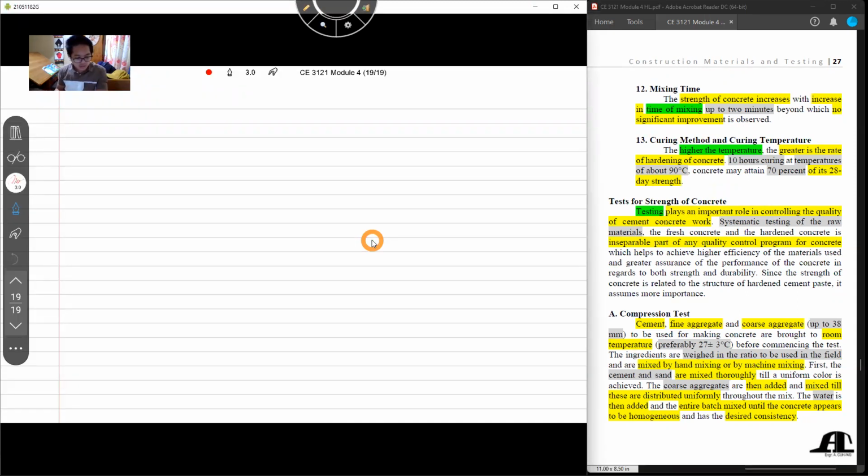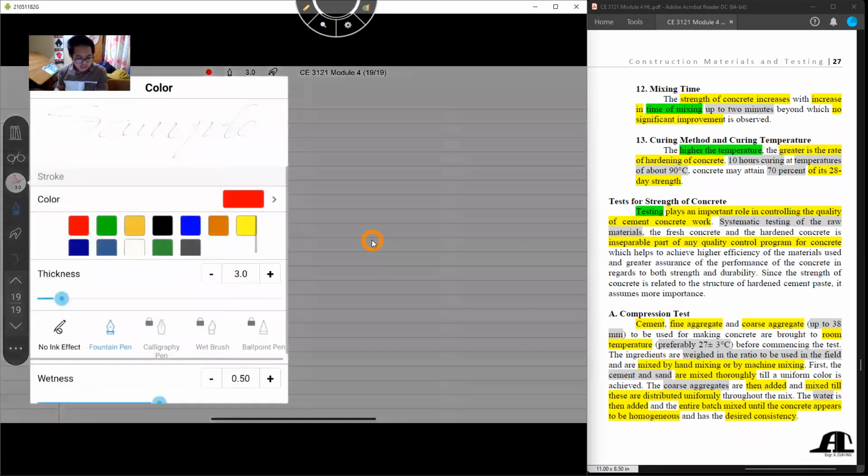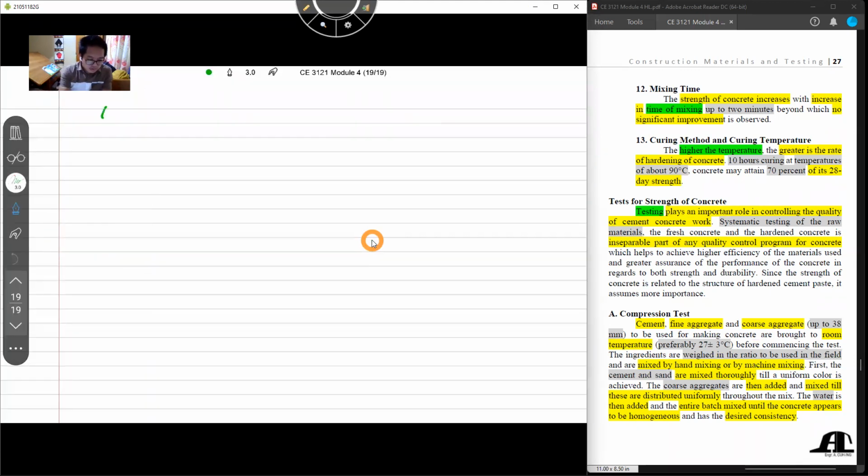We are already at 4.11.2, the strength of concrete.